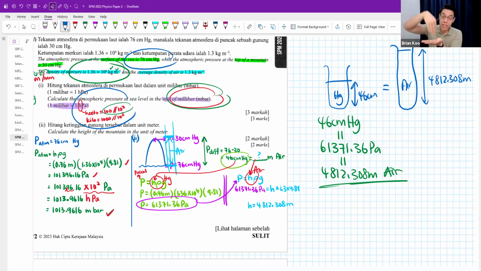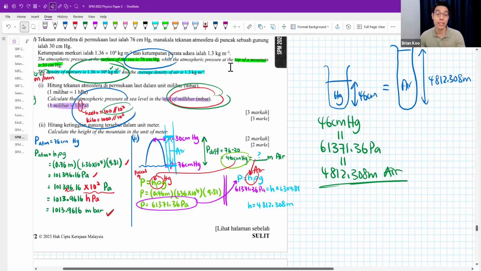Of course, you need a lot of air to give the same pressure as just 46 cm of mercury, because mercury is very heavy and dense, while air is very light. That's why you get such a big difference in height.